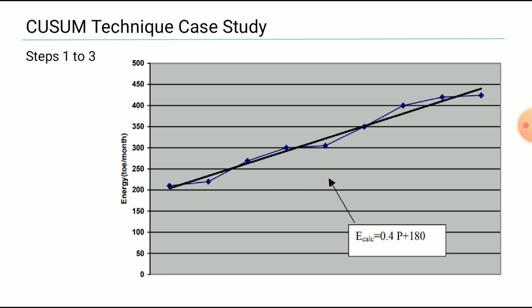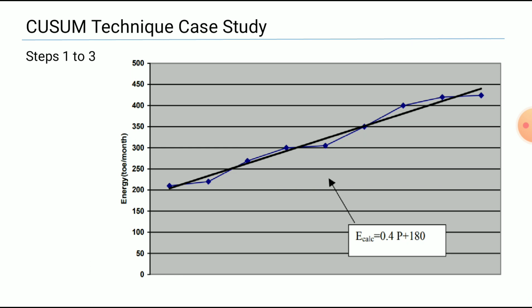Initially, we plot the graph of energy versus production. The second point is we fit a straight line passing through these points, and this straight line is called a trend line.